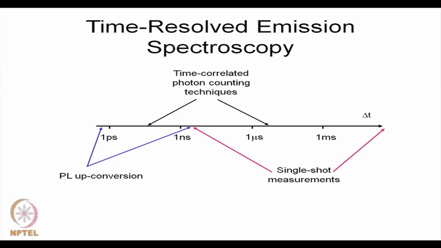So, exploiting the nonlinear optical properties of certain materials, we can join two photons to generate one photon, and using some specific protocol, we can find out the time dependence of your sample decay, how the sample is decaying as a function of time. So these are the ways that you can do time resolved emission spectroscopy.